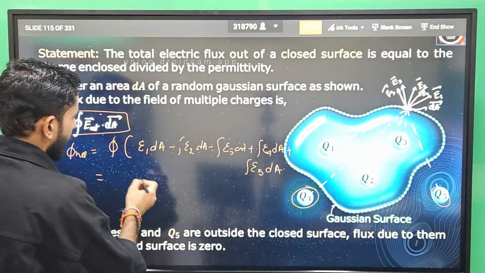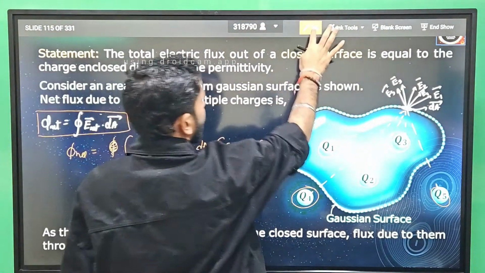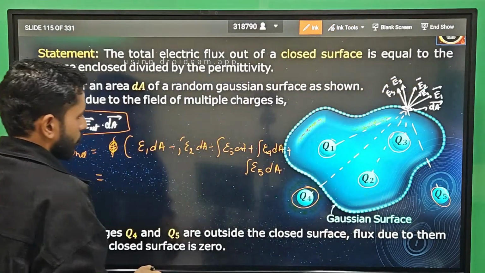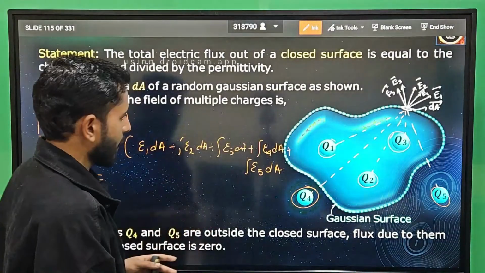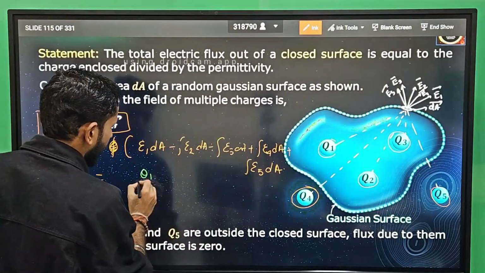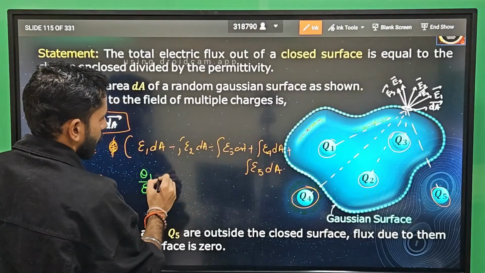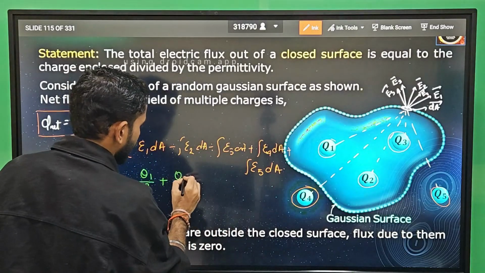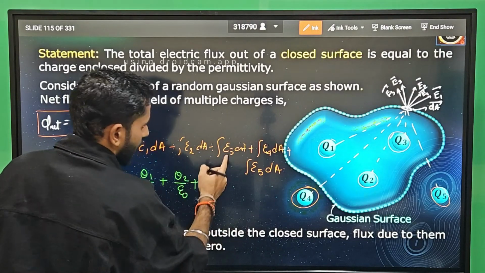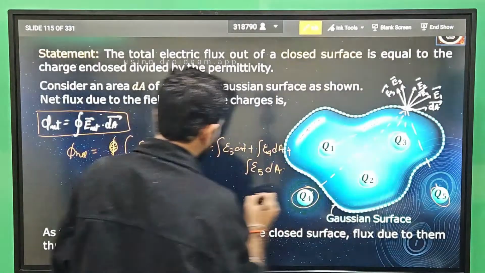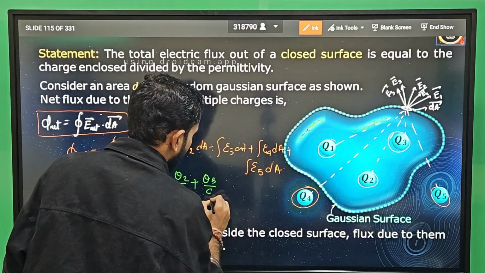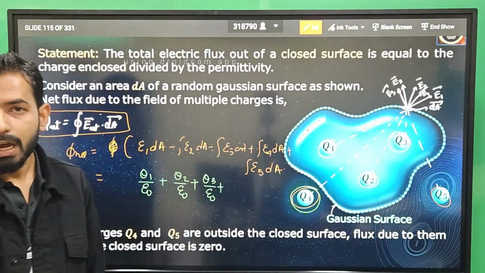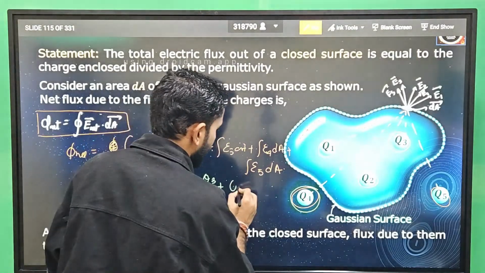If I ask you what E1 dot dA is, it equals Q1 divided by epsilon naught, plus E2 dot dA, which is charge 2, so Q2 divided by epsilon naught. E3 dot dA is Q3 divided by epsilon naught. E4 dot dA: Q4 is outside the surface, so what will the flux be? 0.